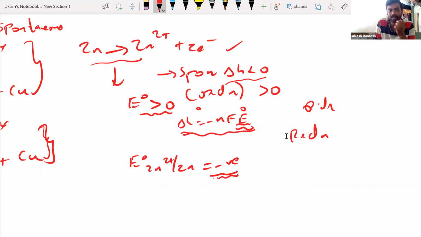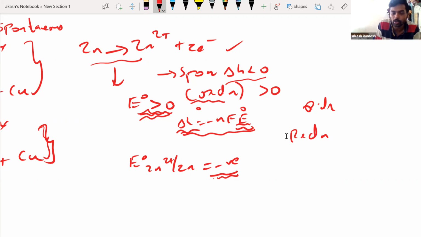What we understand here is that when I say the potential should be greater than 0, I am talking about oxidation potential. I told you oxidation potential and reduction potential have the same value, except that their sign will change, right? So if I take the oxidation potential, that will be greater than 0, and that will make delta G less than 0.